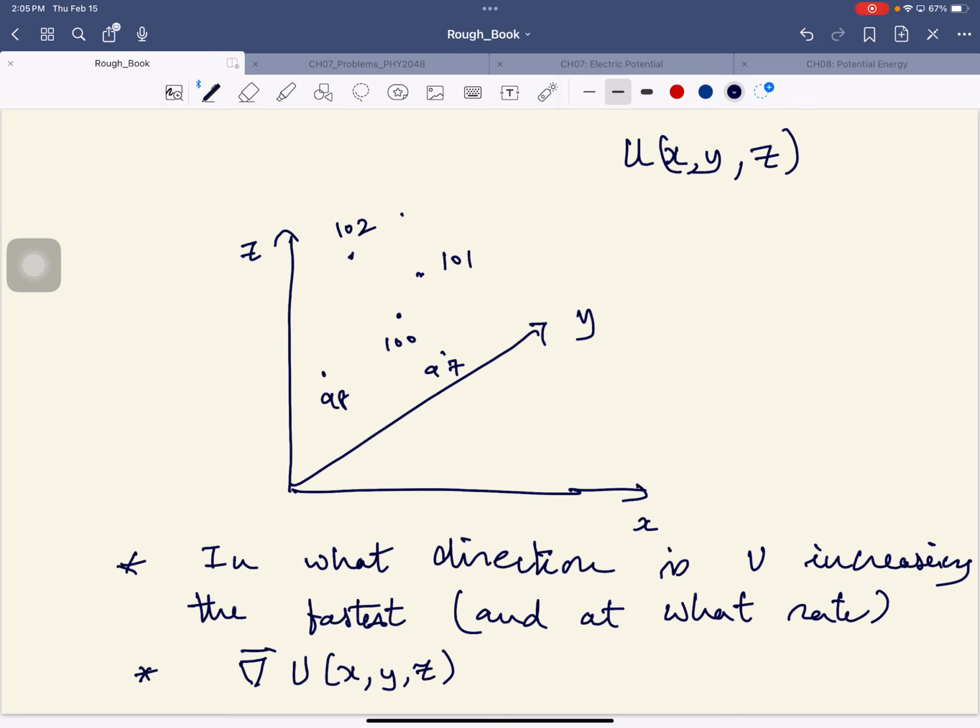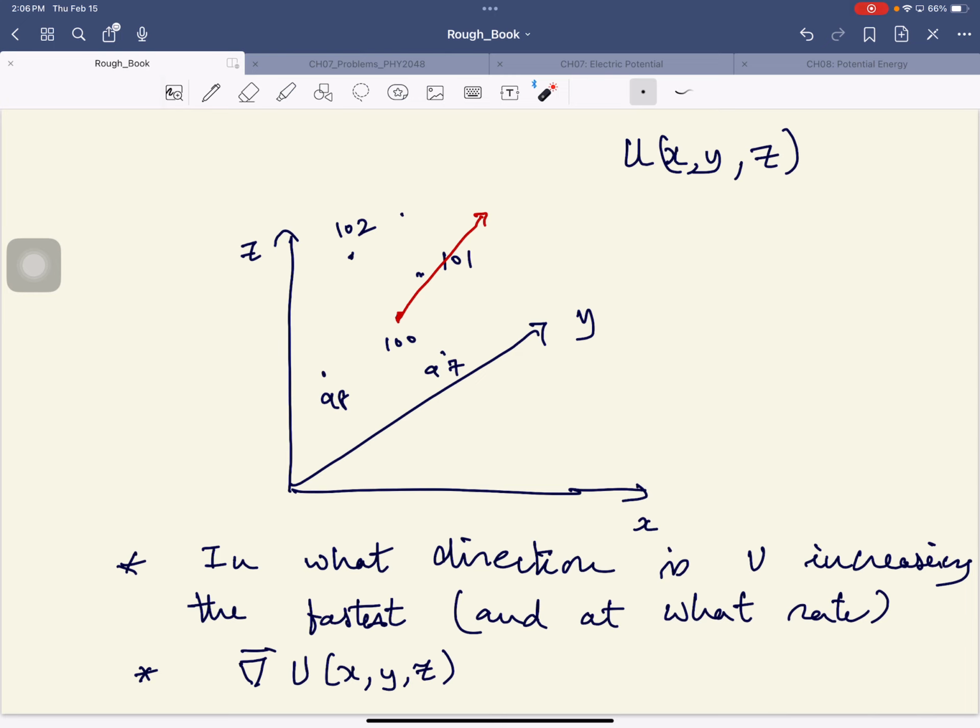Did you guys understand that? So if you evaluate the gradient operator at this location, and it gives you that it's increasing at 105 units per meter, that means that's given by this guy. This vector will be 105 meters per second in that direction. Okay?